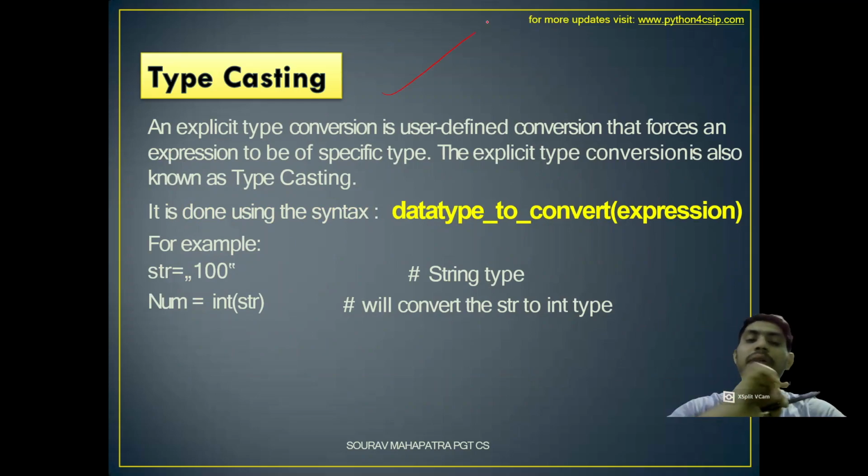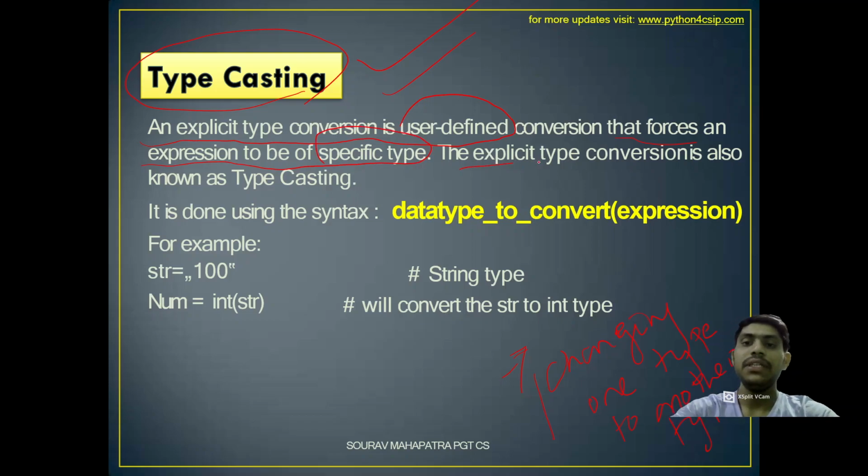Then come to the next concept, typecasting. Typecasting is called explicit type conversion, changing one type to another type. An explicit type conversion is a user-defined conversion. It should be done by the user, which forces an expression to be a specific type.